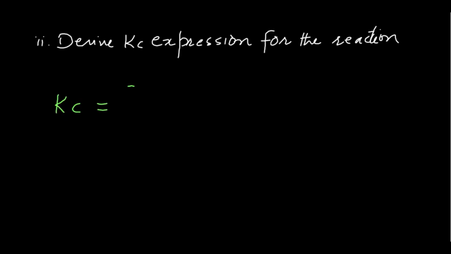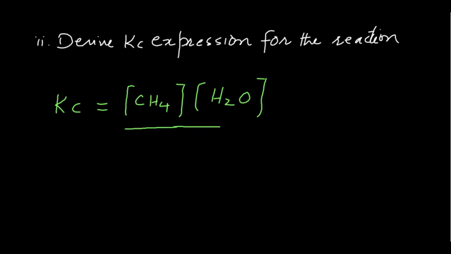Kc is equal to, we know what are the products of this reaction, methane and water. They are the products. So product should be written as numerator. CH4, we have 1 mole of methane as well as we have 1 mole of water. Products should be written as numerator in Kc expression, while reactants, they should be written as denominator.